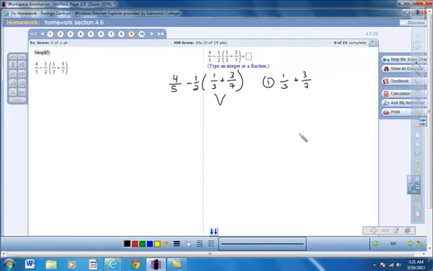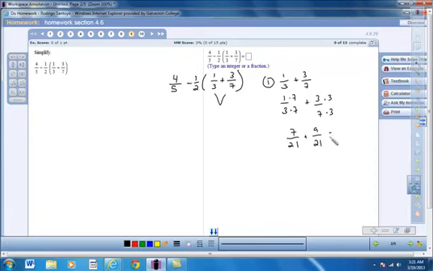We can't add until we find the LCD. We find our LCD to be 21. Now multiply by 7 to the first fraction. Second fraction, multiply by 3. Therefore give me 7 over 21 plus 9 over 21.